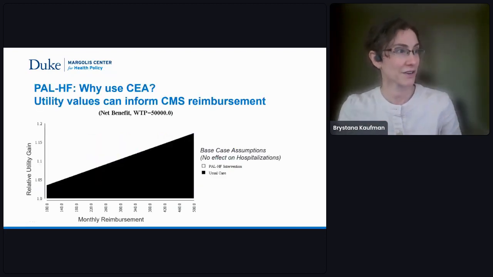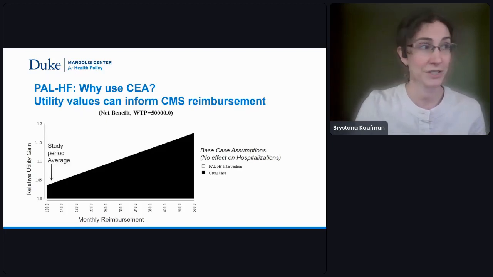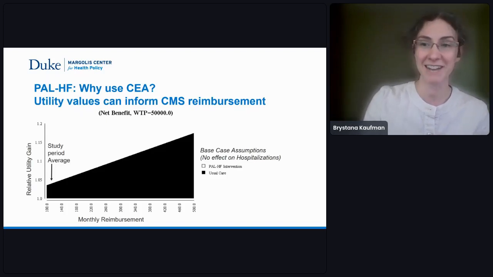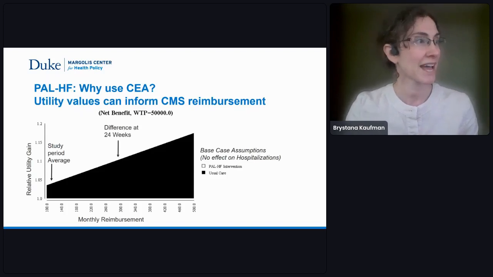And so here is our primary results. We looked at the relative utility gain in our trial, and we looked at a range because this is what we always do in economic analyses. We always have some uncertainty, and so we want to look at a range. And we looked at the utility gain of 0.05, which was the study period average.